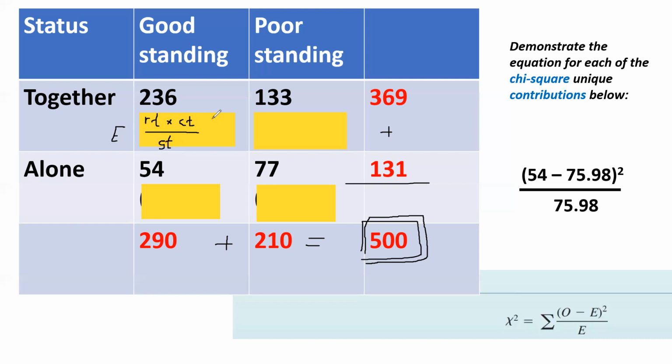That translates to 369 times 290 divided by 500. I'll put that right there. There we go.